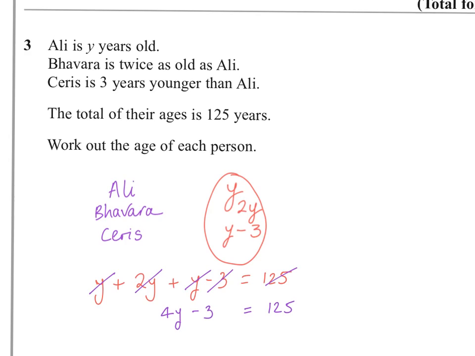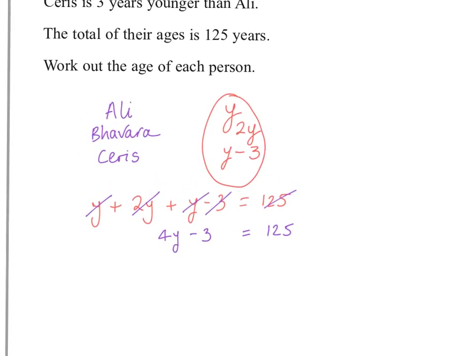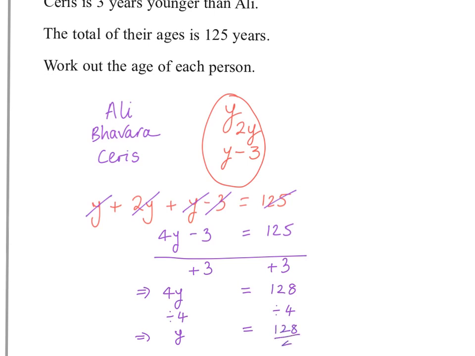And then from here, I would solve this linear equation and I would add 3 to both sides, which in turn would give me 4y equals 128. Then divide both sides by 4, and that would give me y equals 128 over 4.